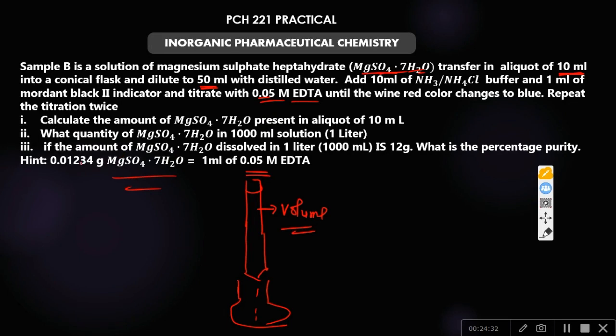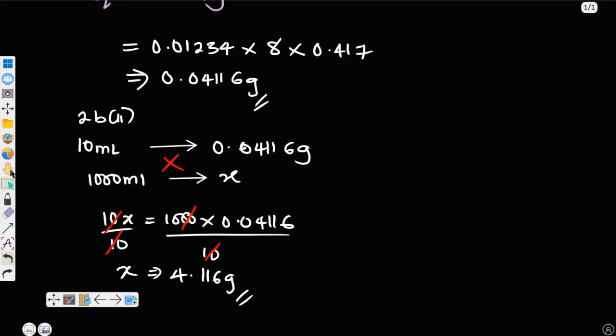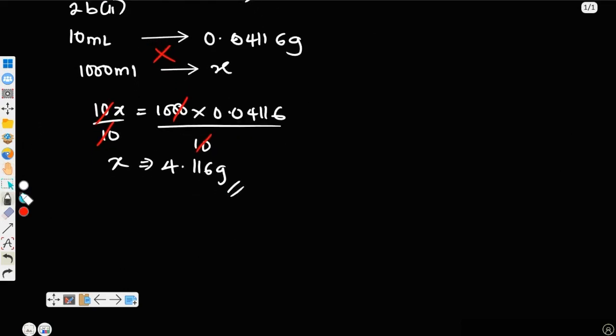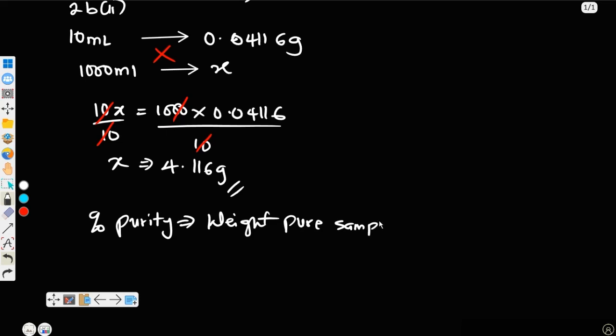Now they say if the amount dissolved in 1000 milliliter is 12 gram, what is the percentage purity? Percentage purity is the weight of pure sample, sometimes some persons say actual weight, over the weight of impure sample, which is also the expected weight, times 100%.